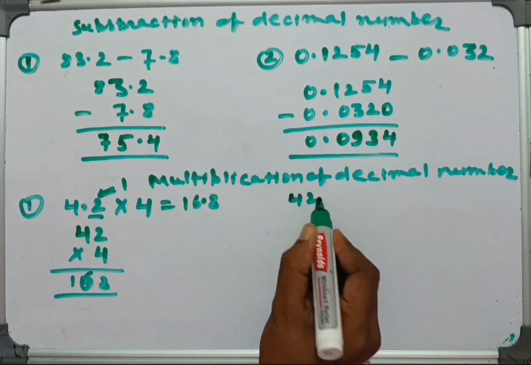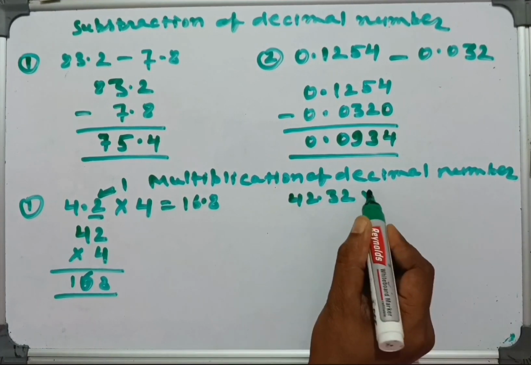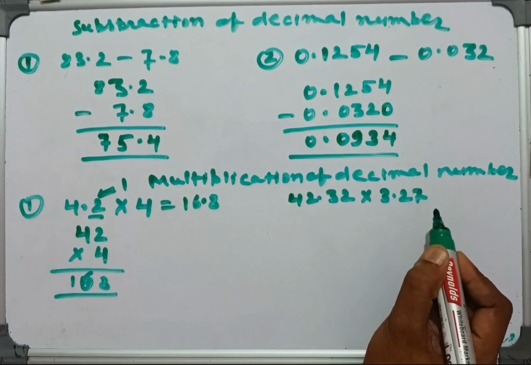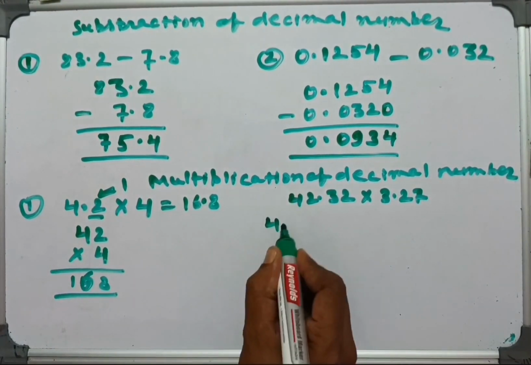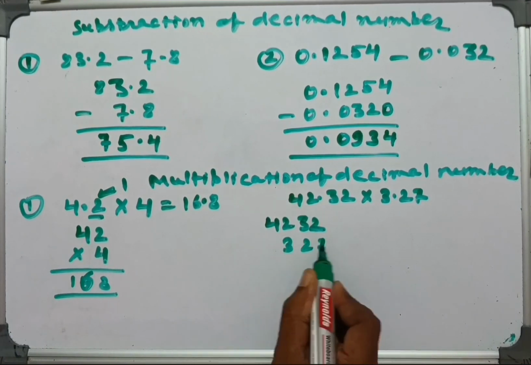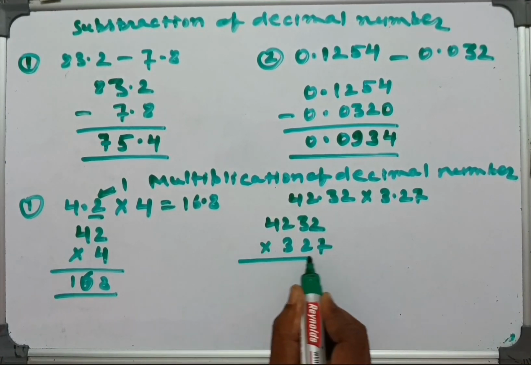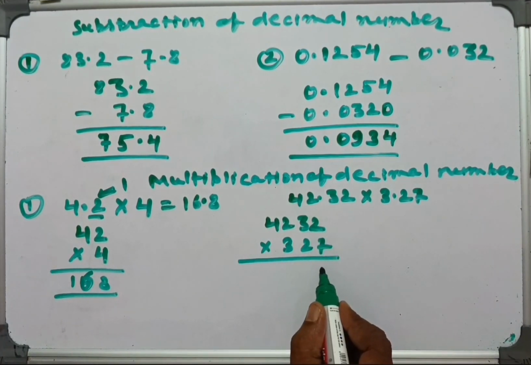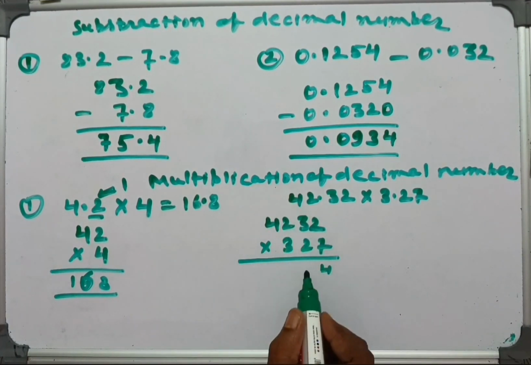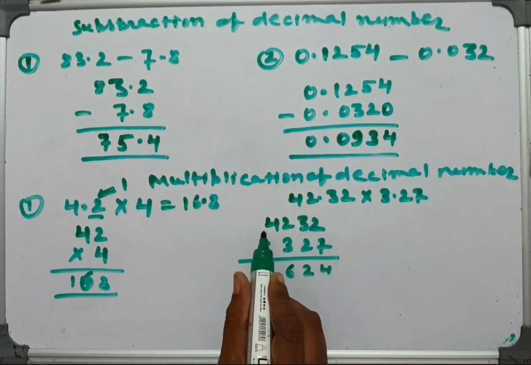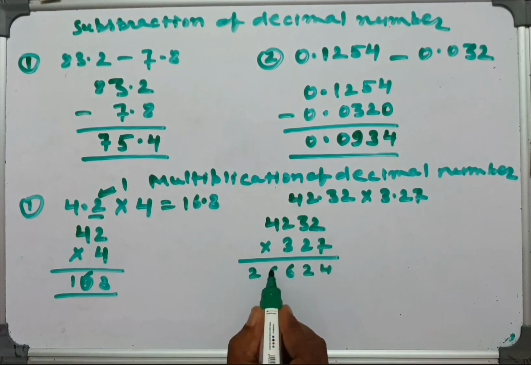Suppose somebody has given you this multiplication. Now first we write here 4232, then we write 327 here, then simple multiplication. 2 sevens are 14, 21 plus 1 is 22, 14 plus 2 is 16, 28 plus 1 is 29.